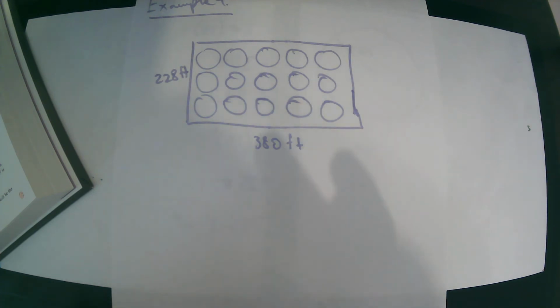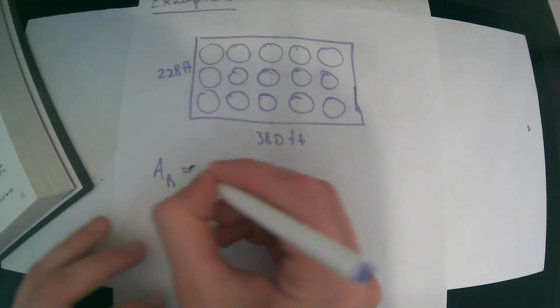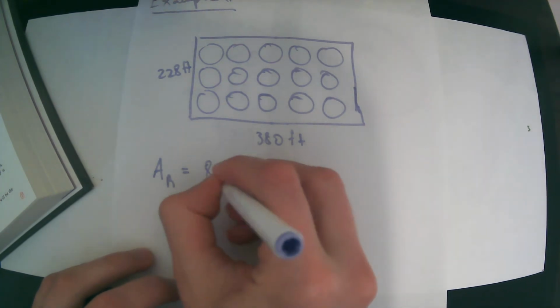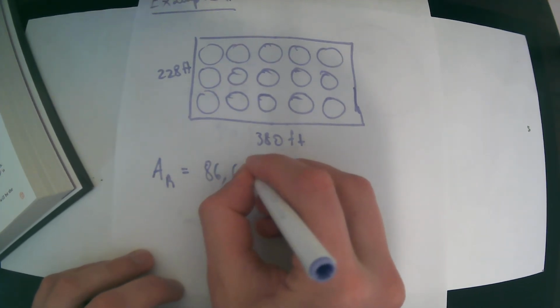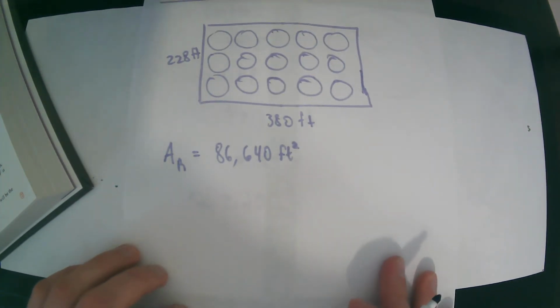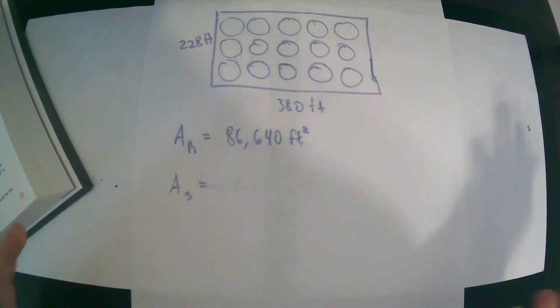So what we want to do is find the area of the rectangle. That's quick and easy, 228 times 380, which is 86,640 feet squared. We're going to find the area covered by one sprinkler.